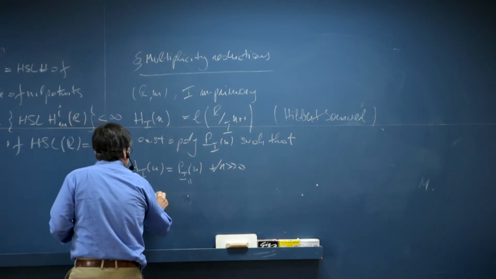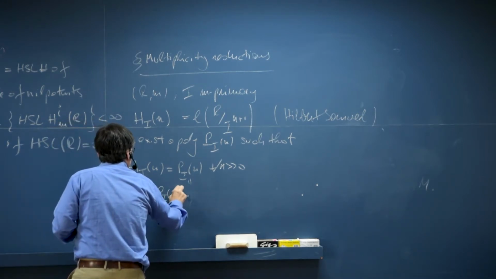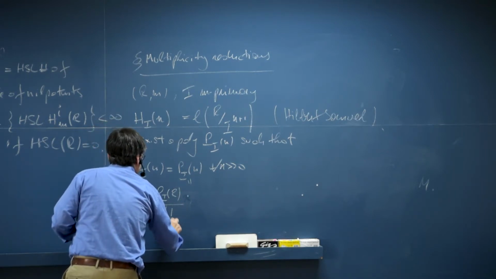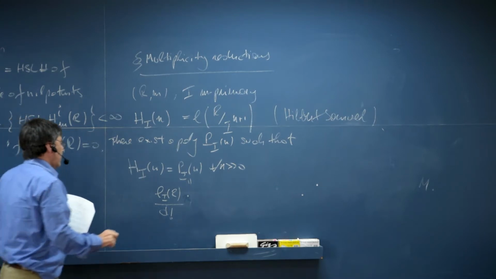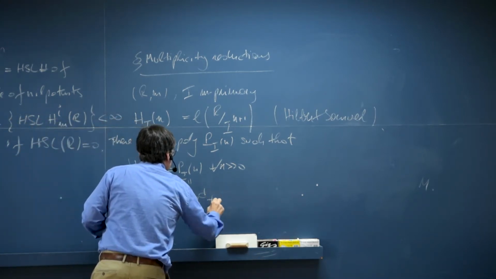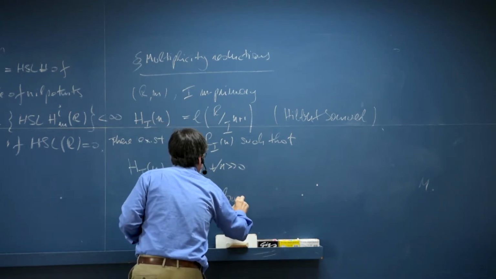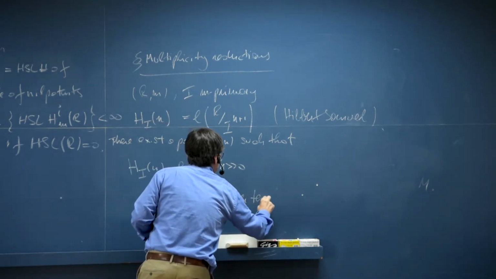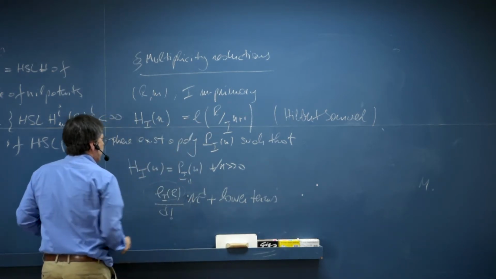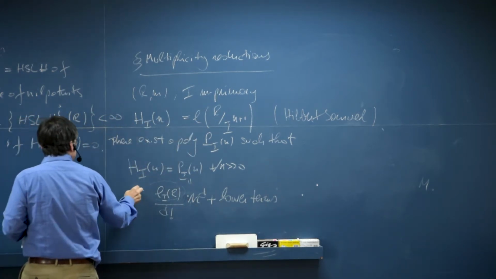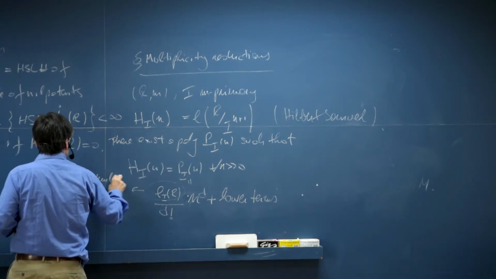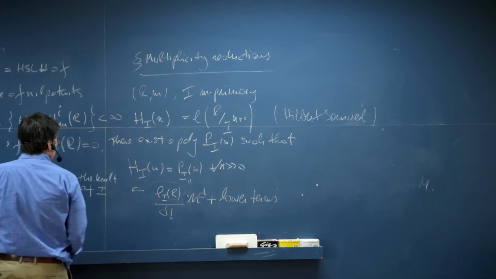I'm going to write it as e_I(R) divided by d factorial, and again, d is the dimension of our ring R, times n to the d, plus lower terms. And this number here, e_I(R), I'm going to call the multiplicity of I.